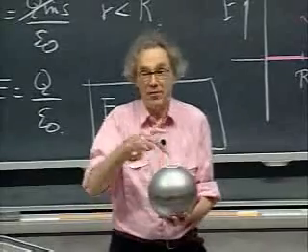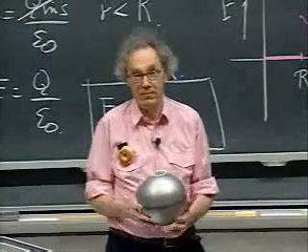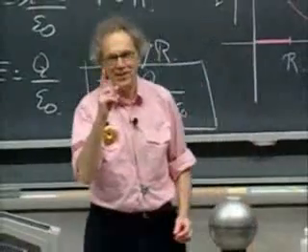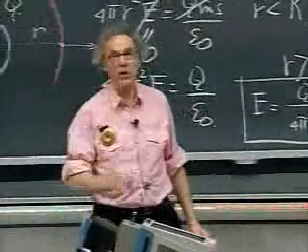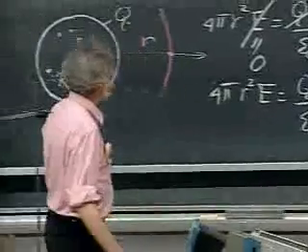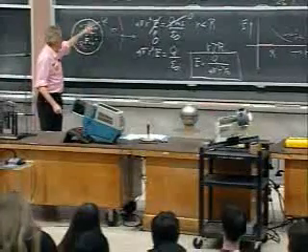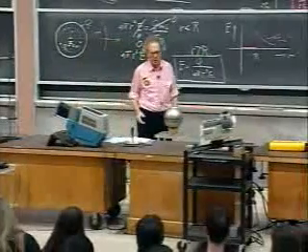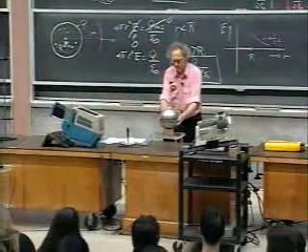And since I have to get inside, I need an opening. There's nothing I can do about it. Since there is an opening, the electric field is not exactly 0 inside. It's only true if this is a complete closed surface and if the charge is uniformly distributed. But it's a good approximation. The opening is quite small.